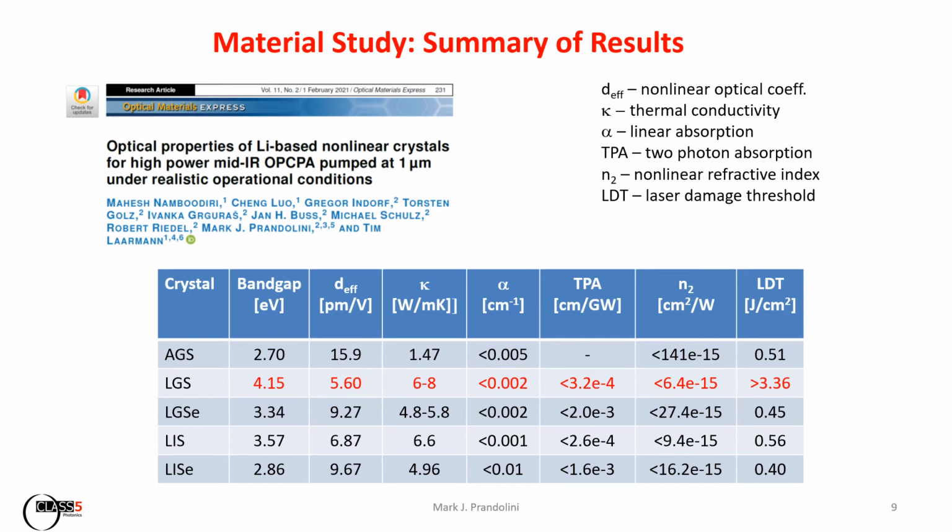Other crystals that could be considered would be LIS, which would be very good for a narrow-band tunable system. Class 5 can advise you on which crystal to use for your particular application.